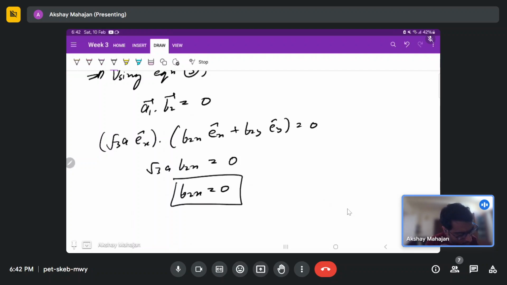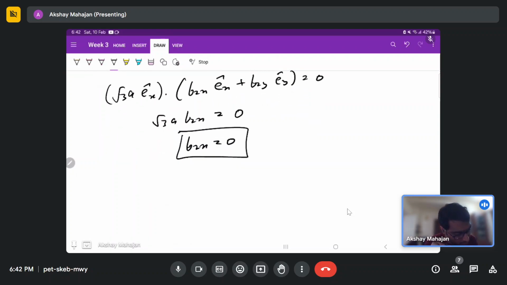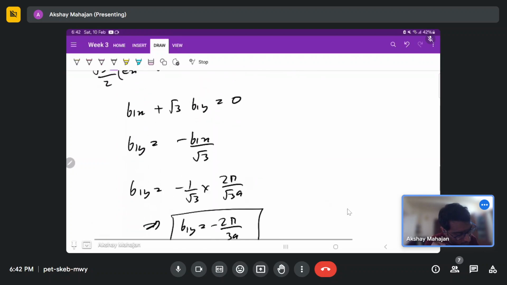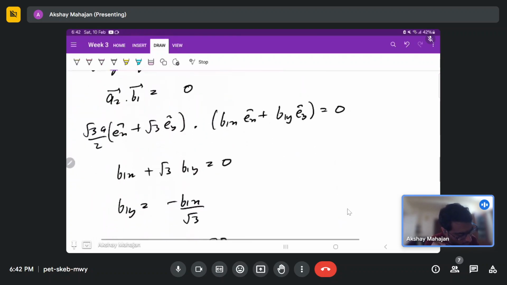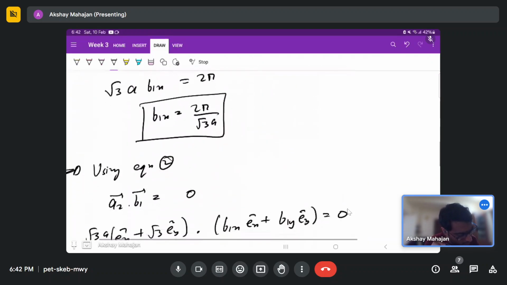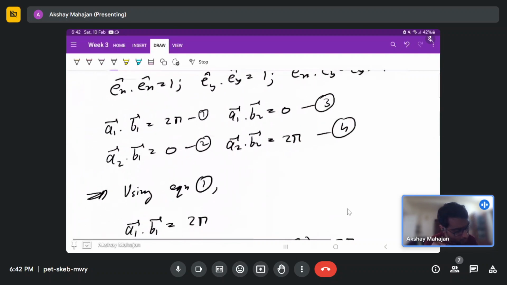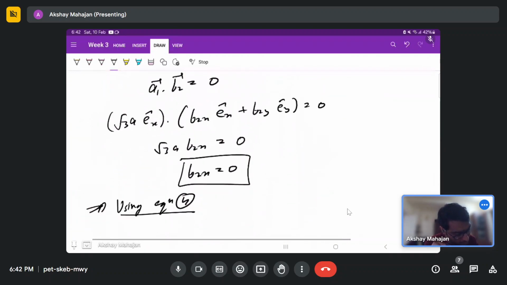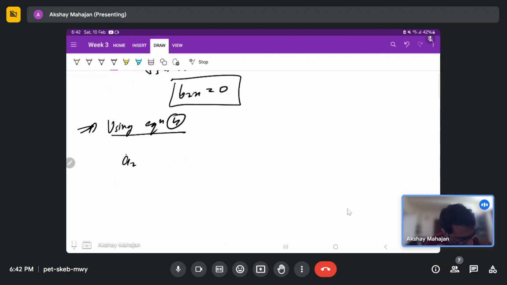Okay, so our b2 vector will have no component in the x direction, and then using equation number 4, which is basically the relation that we have, a2 vector dot b2 vector equals 2 pi.